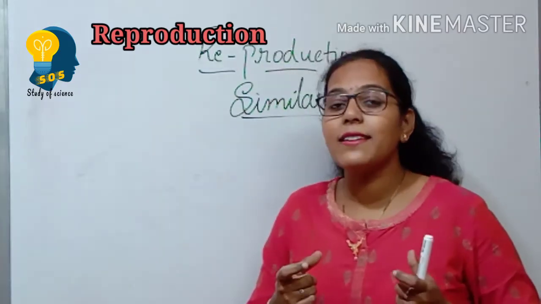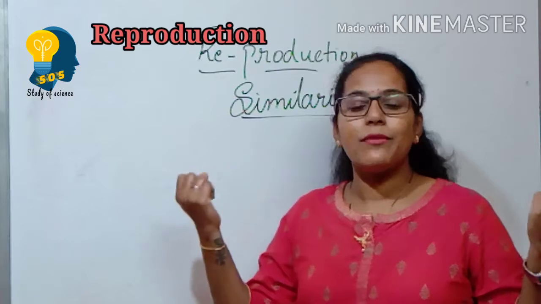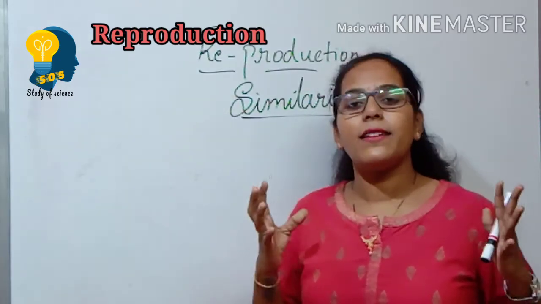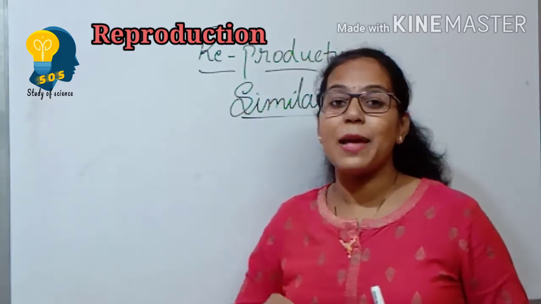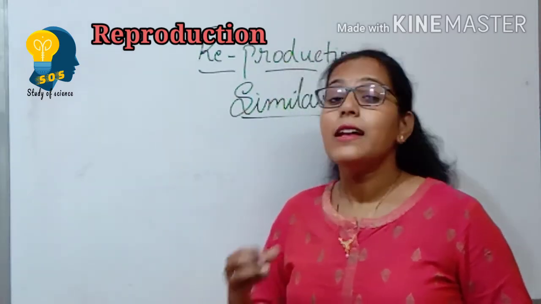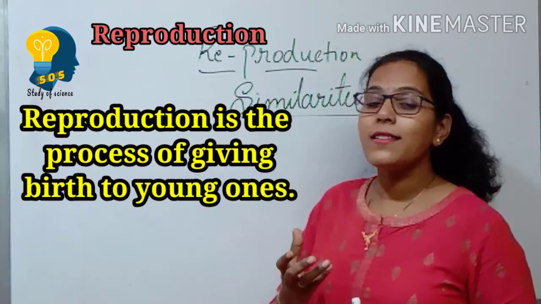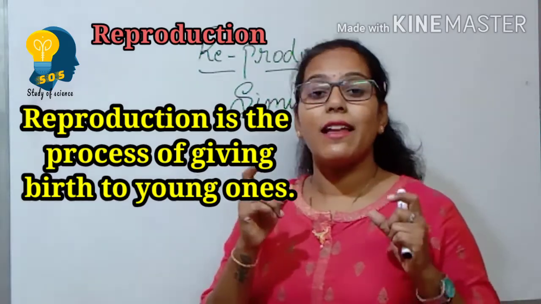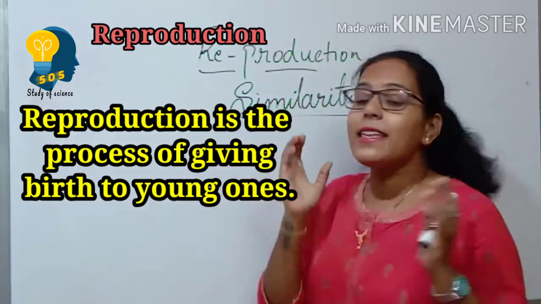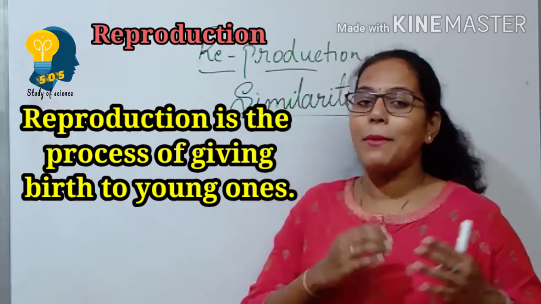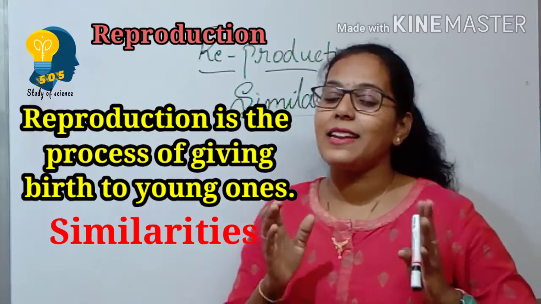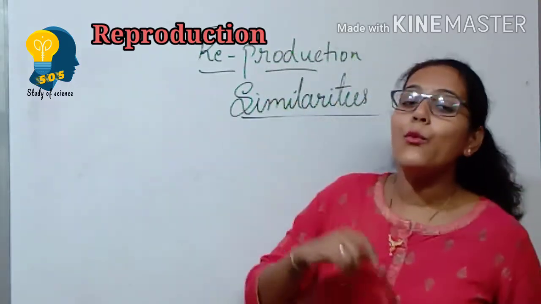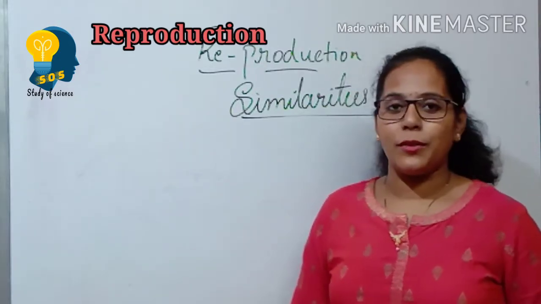What are the basic characters? We human beings have two hands, two legs, two ears, two eyes, one nose, right? The same basic characteristics remain in the offsprings. So reproduction is a process where all living organisms give birth to their young ones, and the young ones reproduced by the parents will have similarities. This is how we can define reproduction.